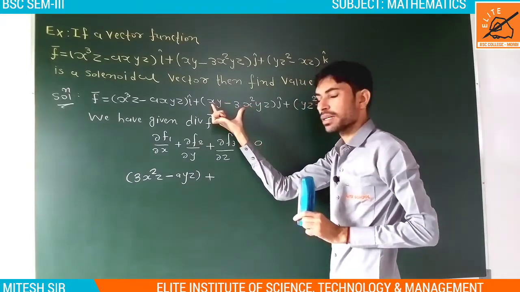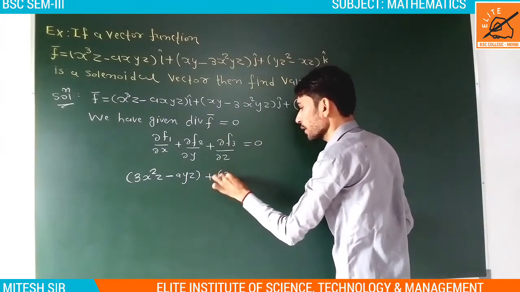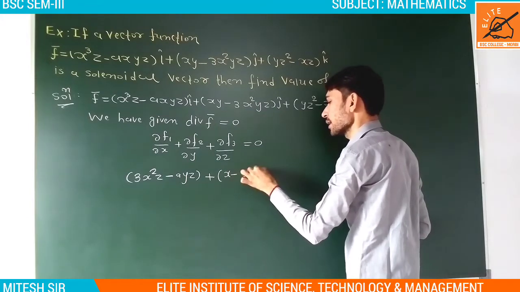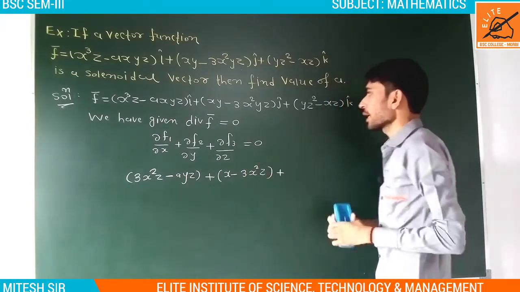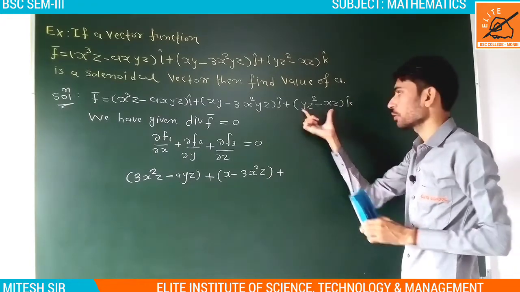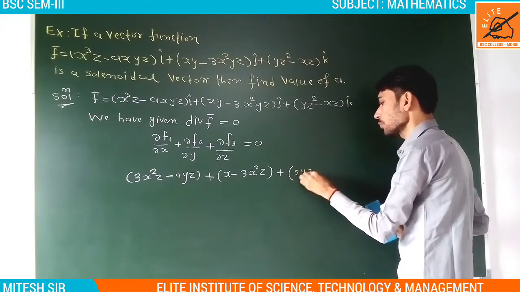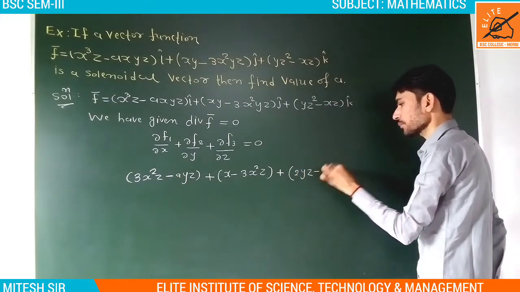The derivative of xy gives x, minus 3x square yz gives 3 as it is, x square as it is, y gives 1, z remains. Plus the f3 term with respect to z: yz square becomes 2yz, minus xz gives x.